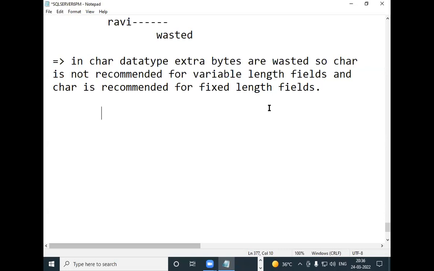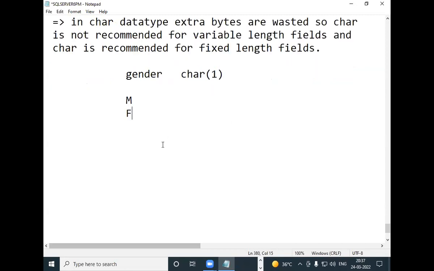Gender is fixed length. So I declare char of 1. Every gender contains 1 character, M or F. How many bytes are allocated for gender? 1 byte. The actual gender also contains 1 character. Any memory wastage? No memory wastage.